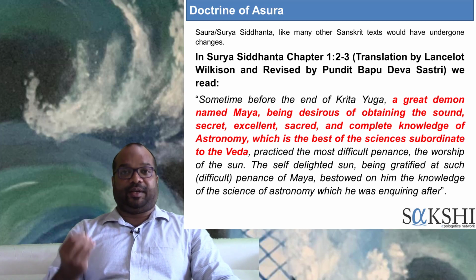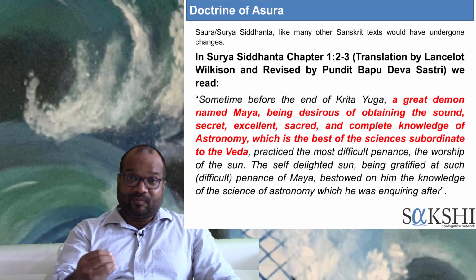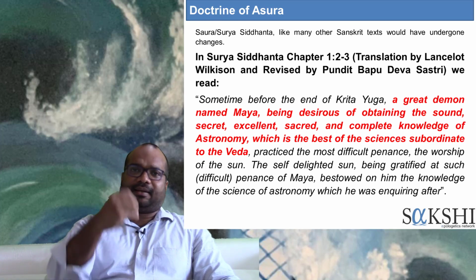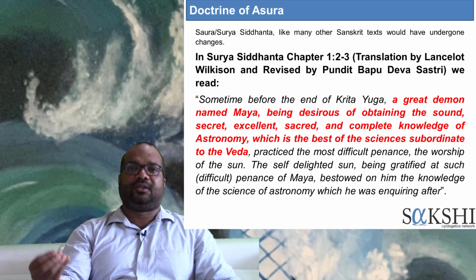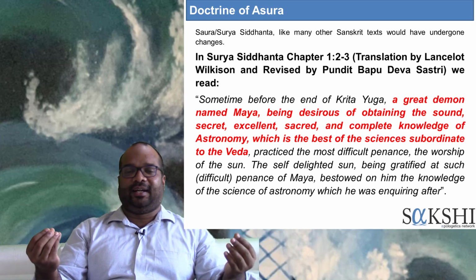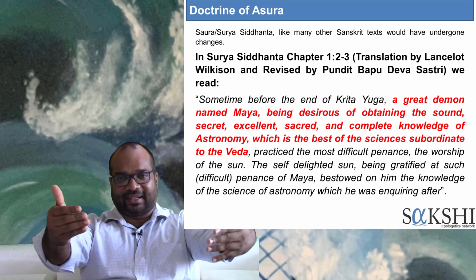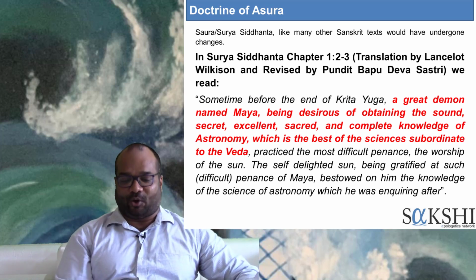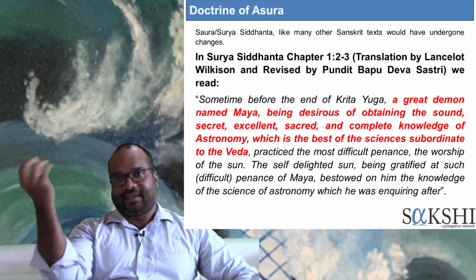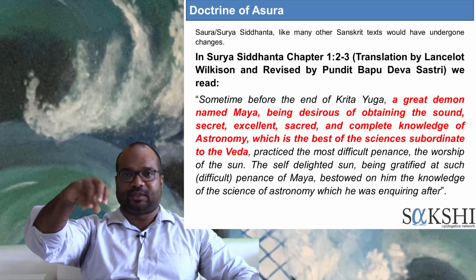So again, clearly acknowledging that this book came from an Asura, but trying to attribute it to Surya. So in the case of Romans and in the case of Asura, both clearly acknowledge that this is a foreign source and a non-Brahminical source, but somehow they try to fit a fable through it so that they can take it.